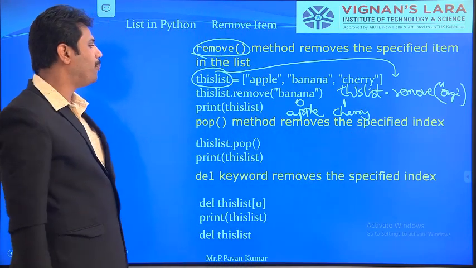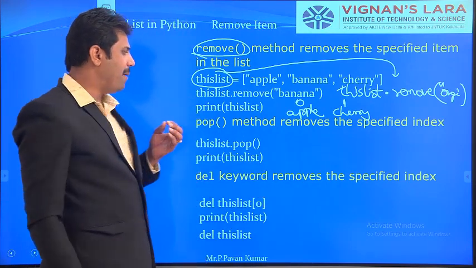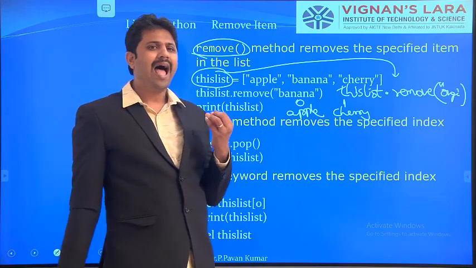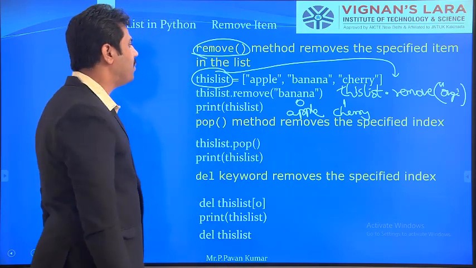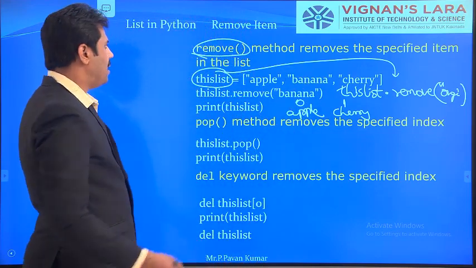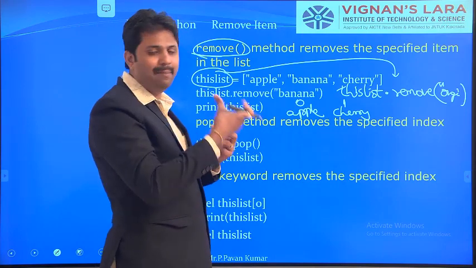Next one, pop. For example, I have an apple, banana, cherry. By using remove, you remove a particular element.